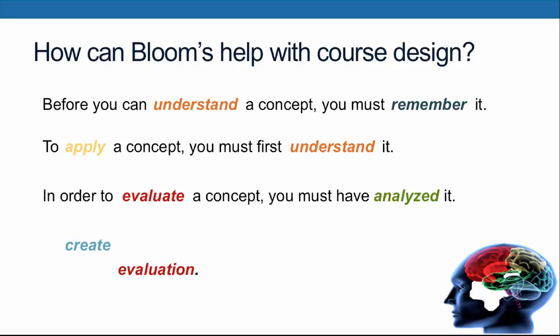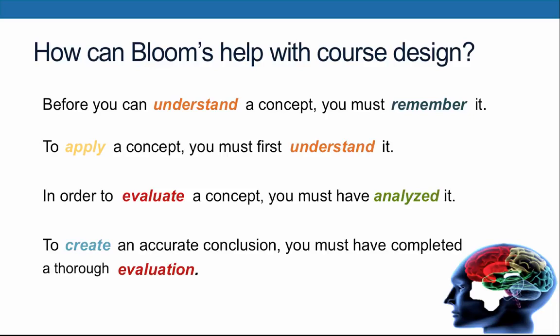In order to evaluate a concept, you must have analyzed it. And to create an accurate conclusion, you must have completed a thorough evaluation. As you introduce new concepts to students, they will need to understand, remember, and apply the concepts to move forward to the higher order skills, such as analyzing, evaluating, and creating.